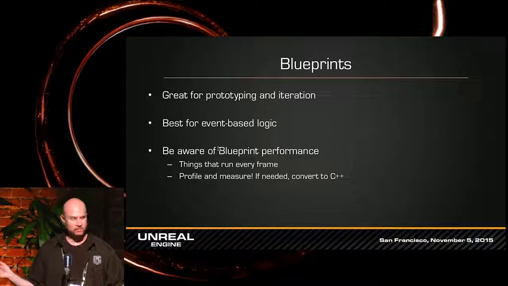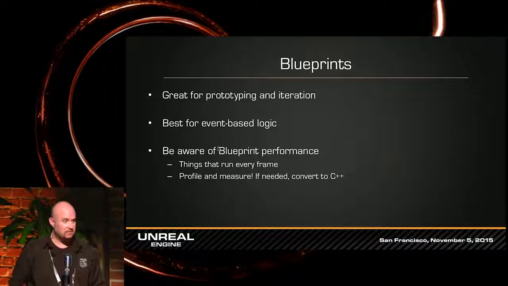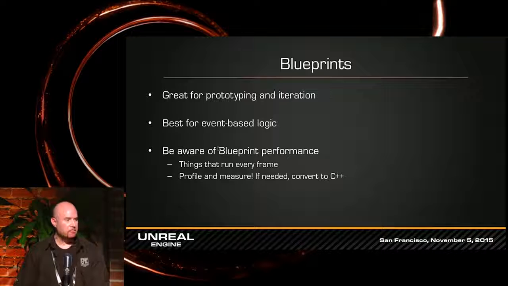You don't need to do anything. But if you are running at like 100 milliseconds, okay, time to go and do some optimizations. Perhaps convert some tick blueprints to C++. But as always, profile before and after, so you know that what you're doing actually has any effect.